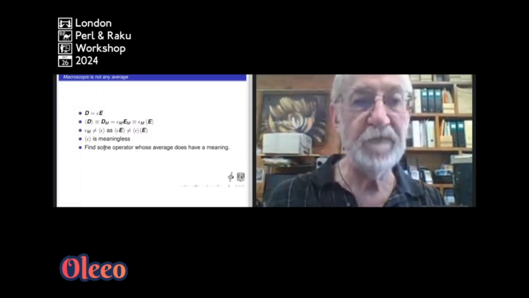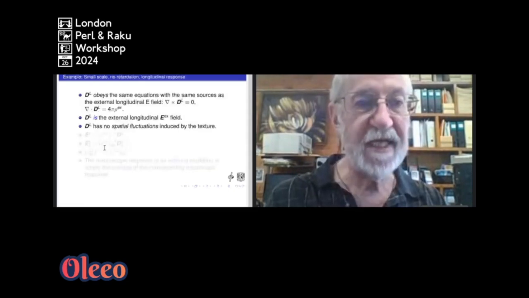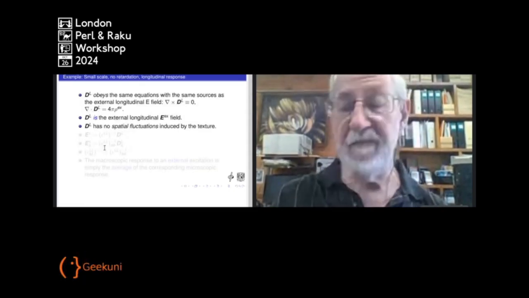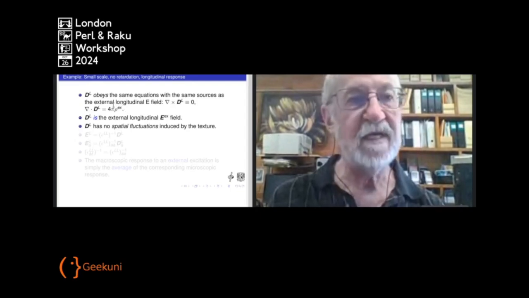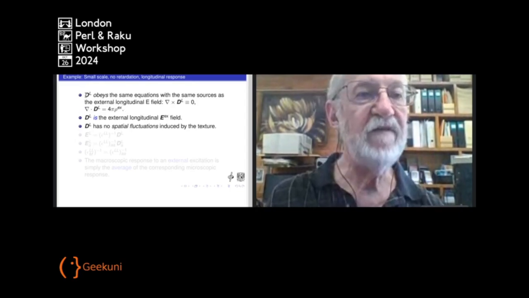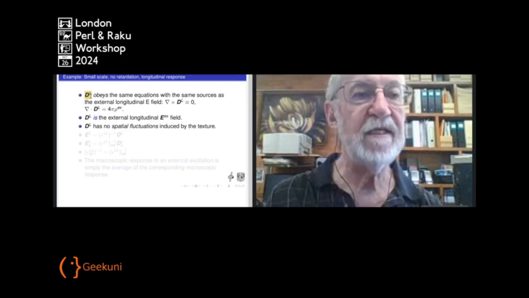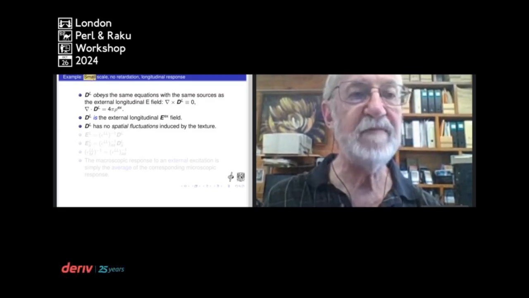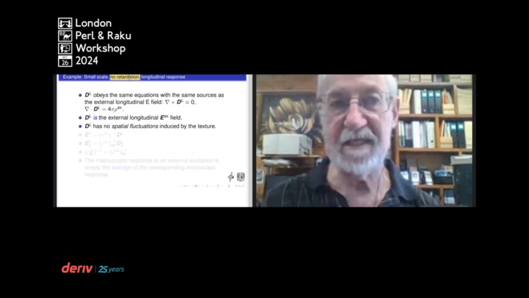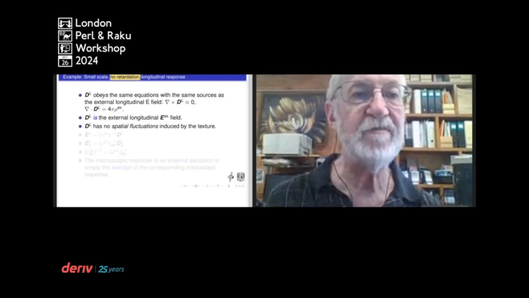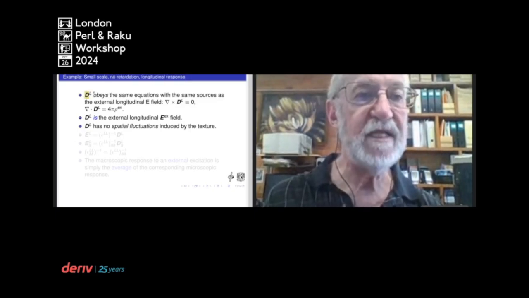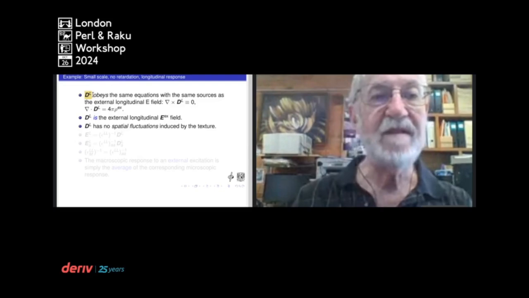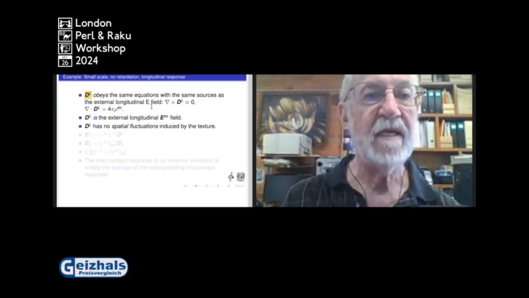So what we have to do is find operators whose average does have a meaning. And there are many ways of proceeding. Let me show you one of the simplest ones. If you take the displacement field and project it into the longitudinal space of displacements, in a system that has a small scale, ignoring the retardation, the time that takes the field to propagate from one part of the system to another, then it turns out that this obeys the same equations as the external electric field.